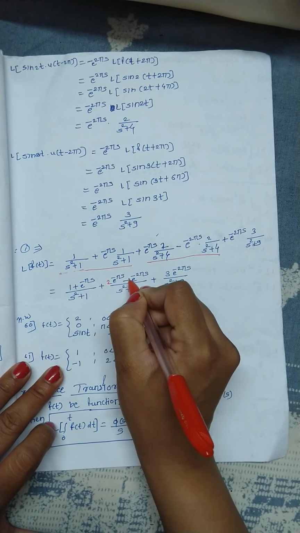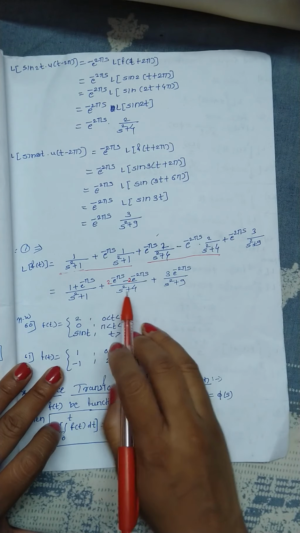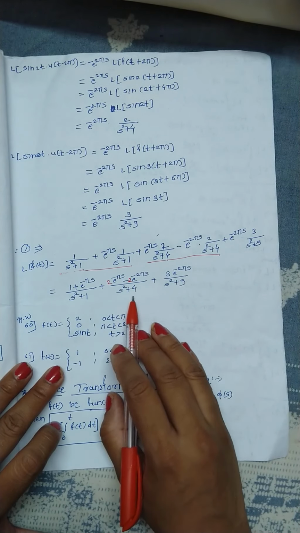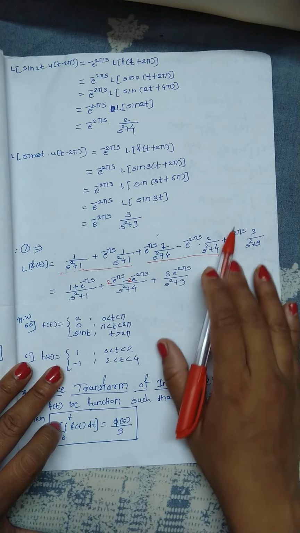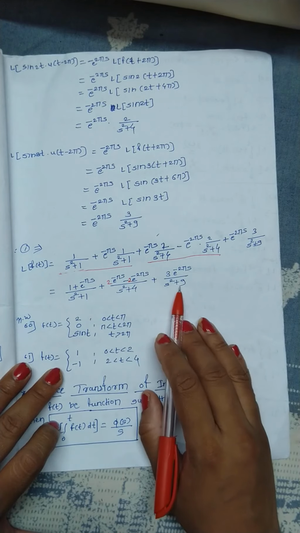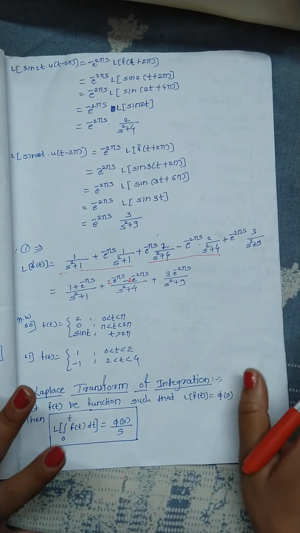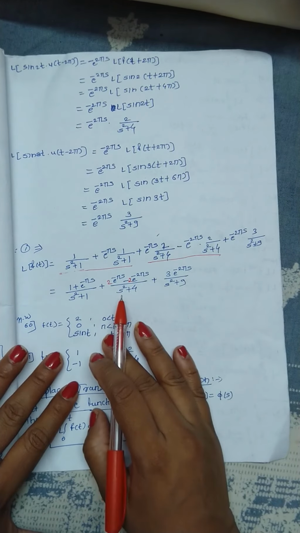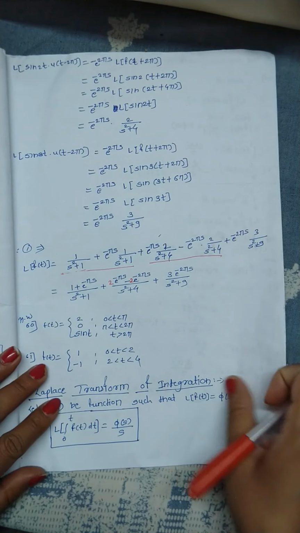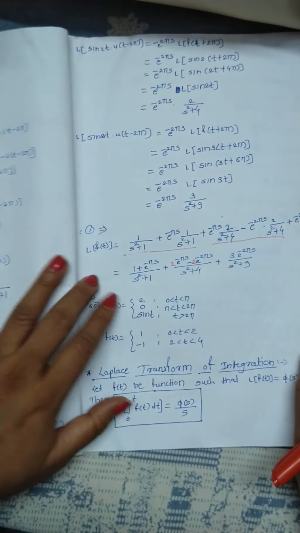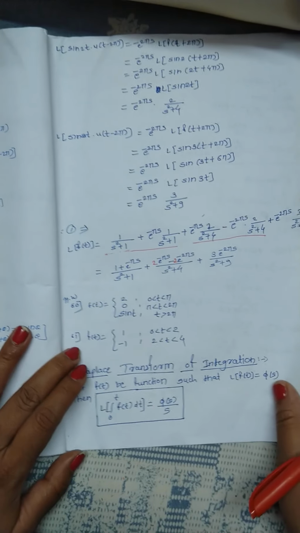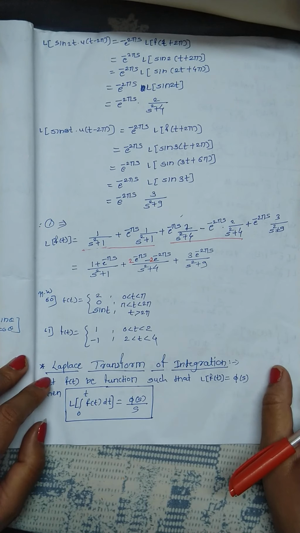You can take 2 outside also, or just keep it the same, 2 times e raised to minus 2 pi s upon s square plus 4. And the last term is just kept as it is. Now don't simplify after that, because these 3 are different terms with different denominators, and the bigger numerators and denominators have complicated terms. That's why you don't need to solve this further.